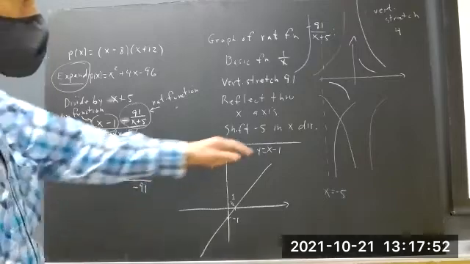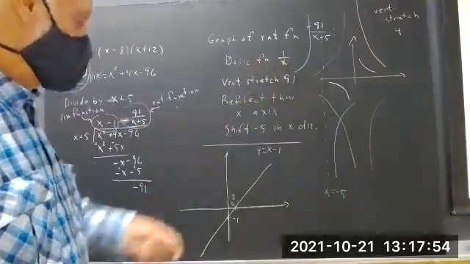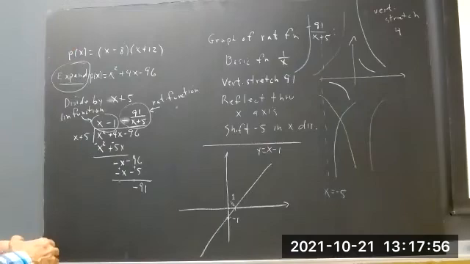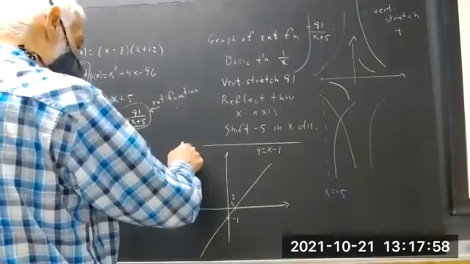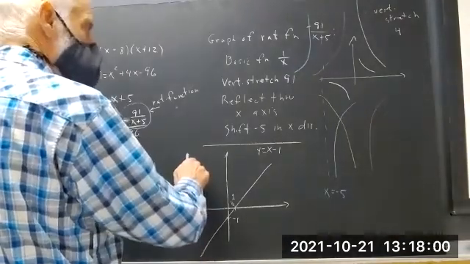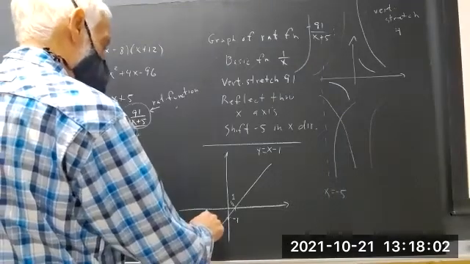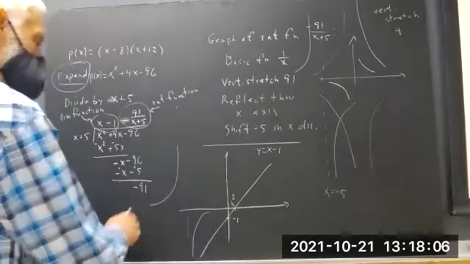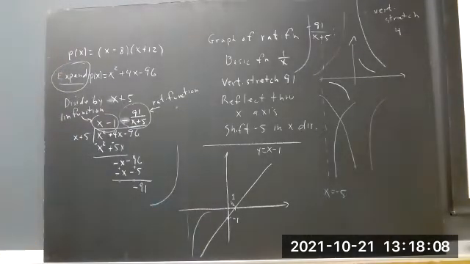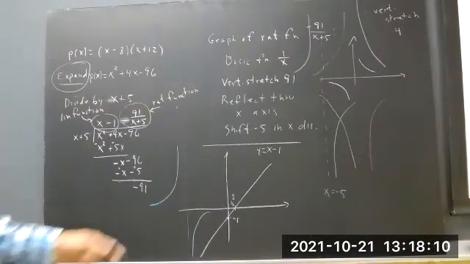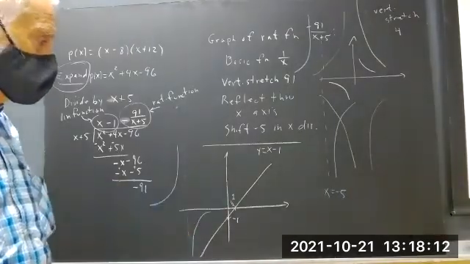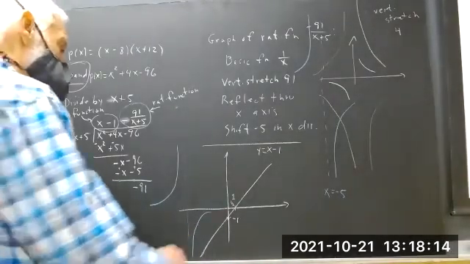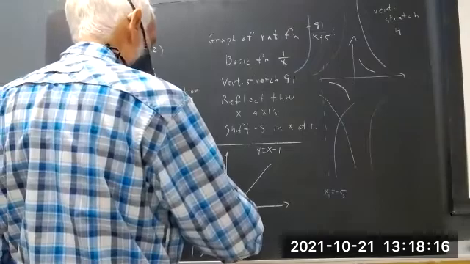Then you're going to add this function. This function does this sort of thing. And this sort of thing. You know how you put these two together into a graph? Well, this one's going to approach 0 here.